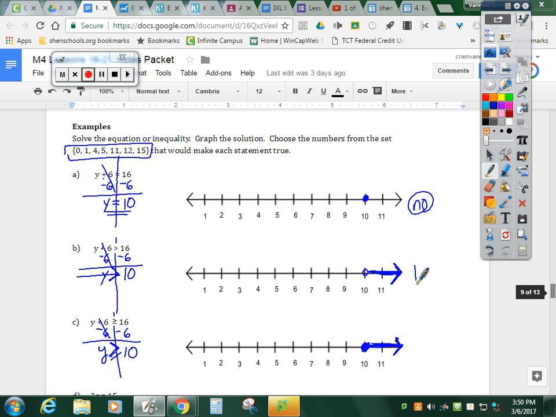So in that number set above, the numbers 11, 12, and 15 are greater than 10. Okay, and for the last one, the answers that make the inequality true are that y is greater than or equal to 10. Well, there's no 10 in there, so I can't include that in my list, but there is an 11, a 12, and a 15. Okay, so these numbers from the set above make the inequality true.